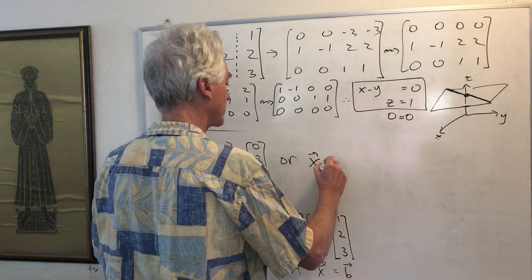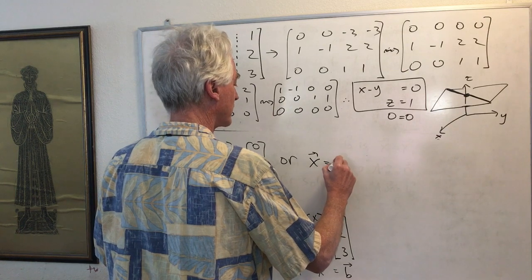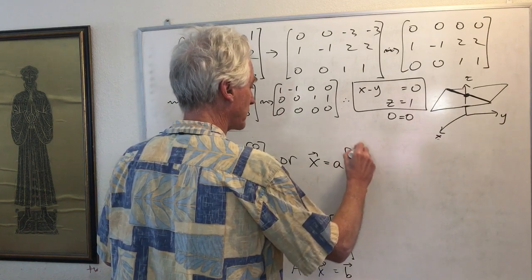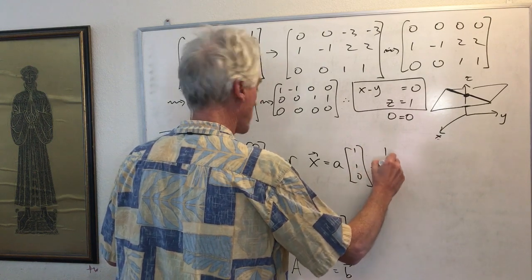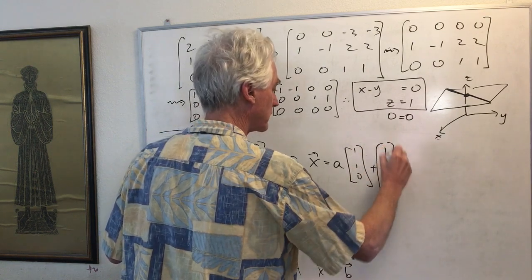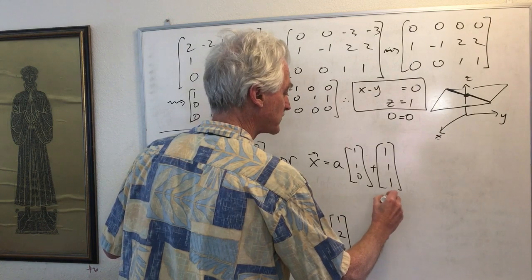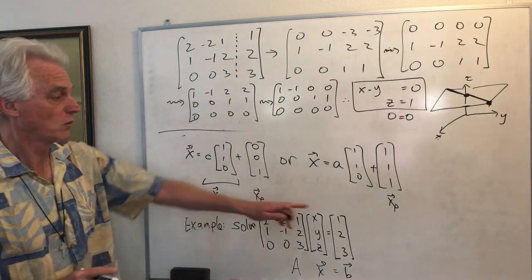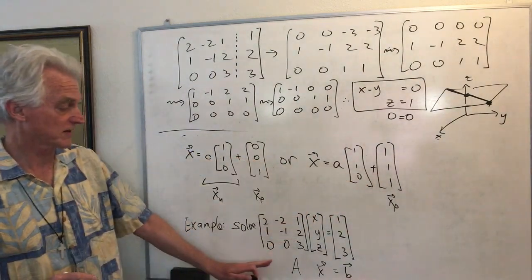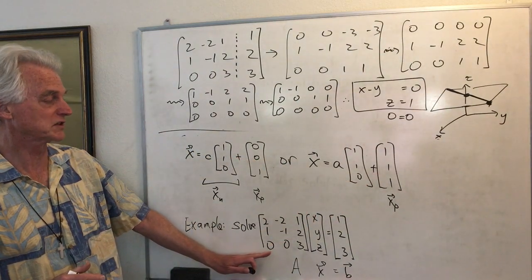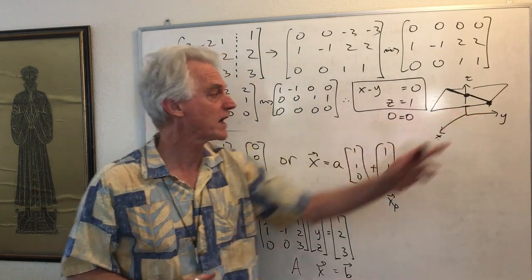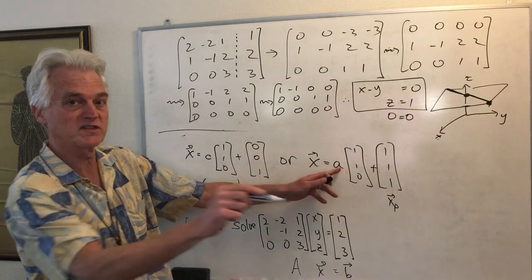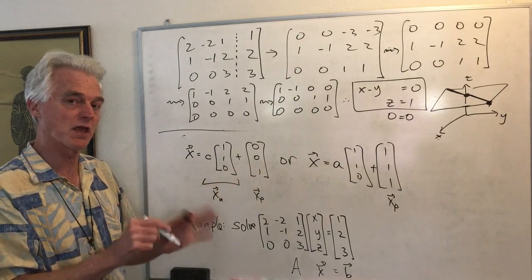If I take x, I'll call it a now, a different constant, times 1, 1, 0, plus 1, 1, 1. Here's a different xp. The solution 1, 1, 1 solves this guy. I don't do the multiplication, but I can start at 1, 1, 1, and then add any constant multiple of 1, 1, 0, and I get exactly the same line, right?